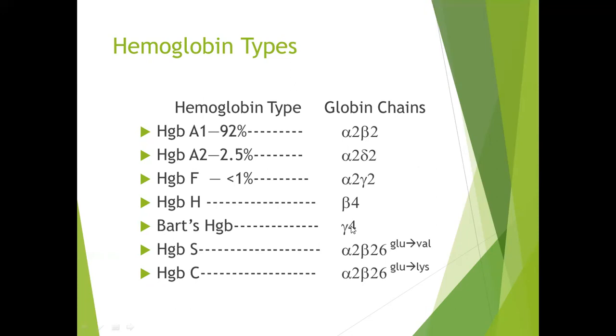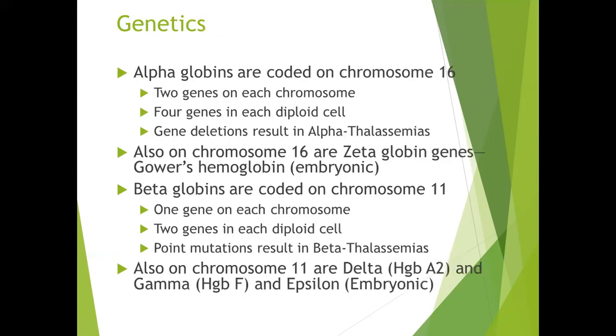Bart's hemoglobin is 4 gamma chains. Hemoglobin S is alpha 2, beta 2, where valine is replaced by glutamic acid. Hemoglobin C is alpha 2, beta 2, where glutamic acid is replaced by lysine. So all these are the types of hemoglobin.